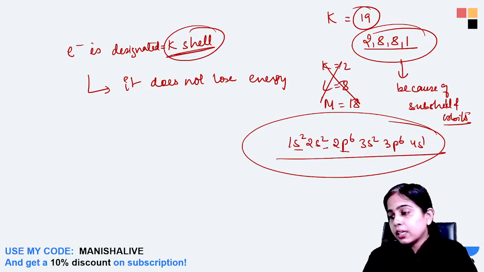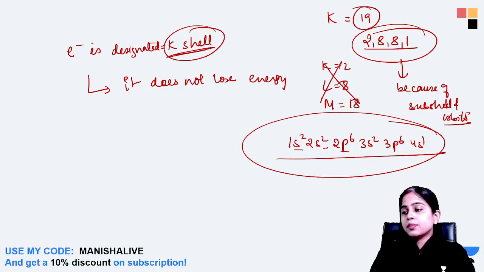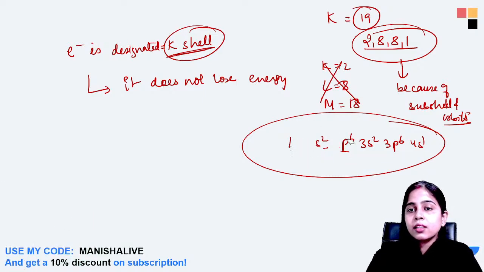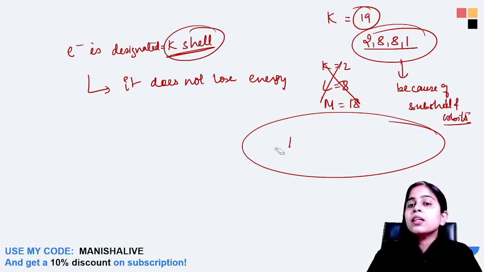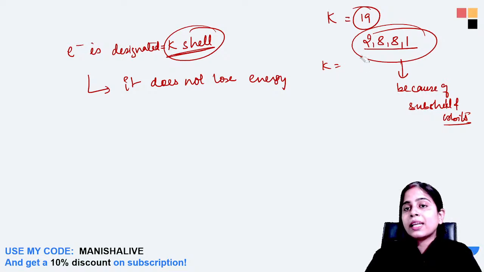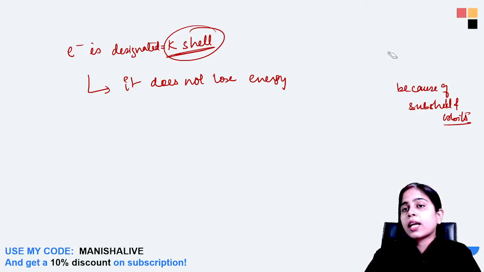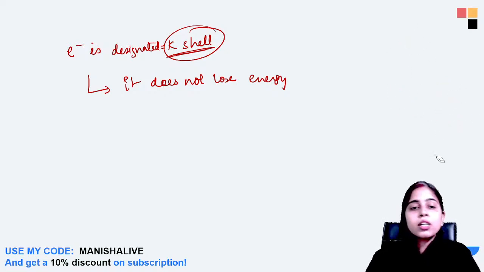Is it clear, Faizan? Do not worry, we will understand that also. But first we have to understand Bohr's atomic model. Then we will come to Schrodinger's atomic model, but we will not study this in 9th standard. You will study this in 11th standard.